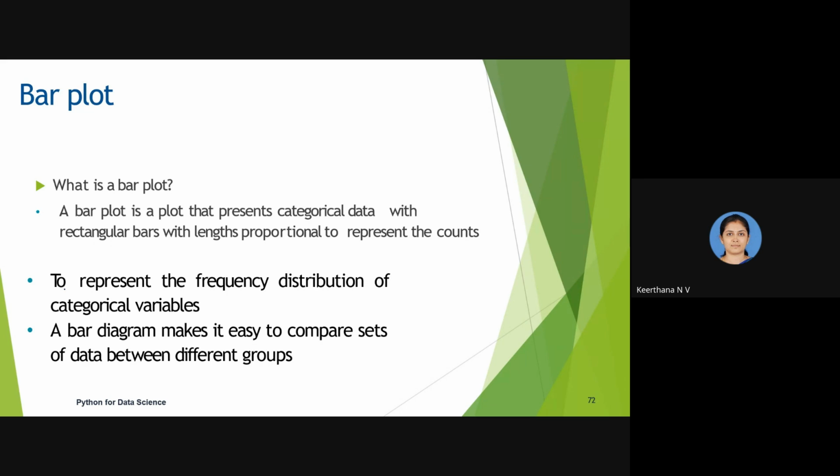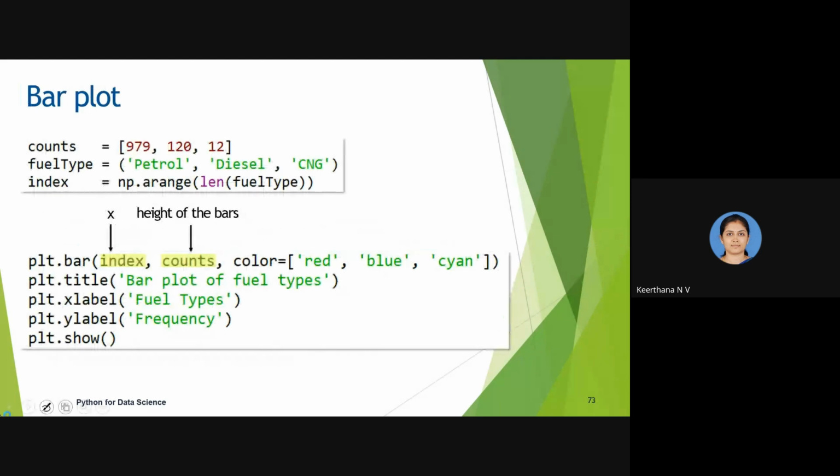It presents categorical data with rectangular bars of length proportional to the counts. So here I'm going to create a bar plot with the x-axis as an index and the y-axis as counts, meaning the height of the bars.